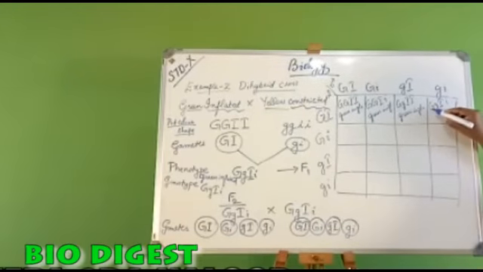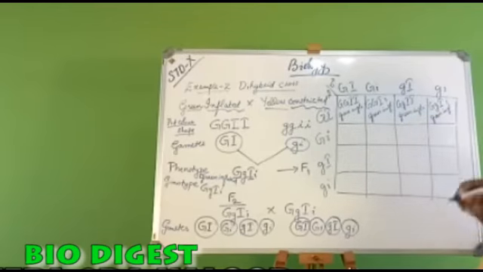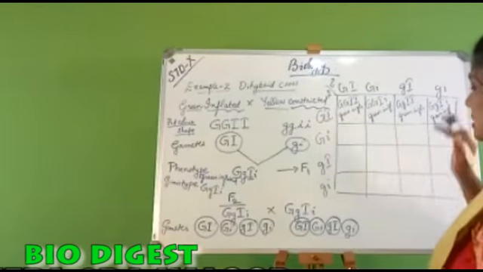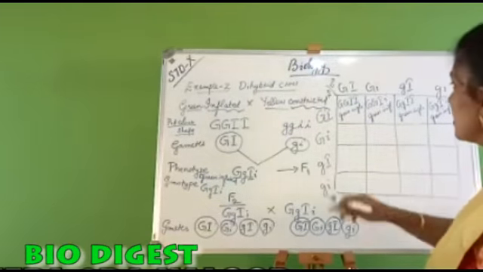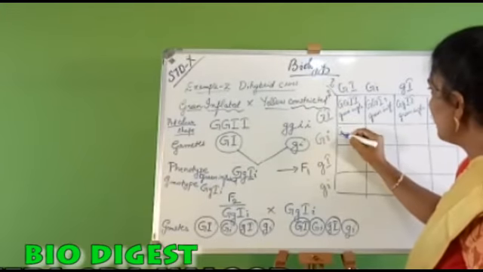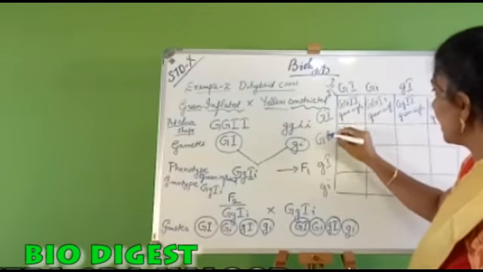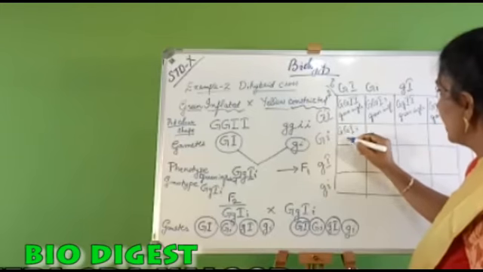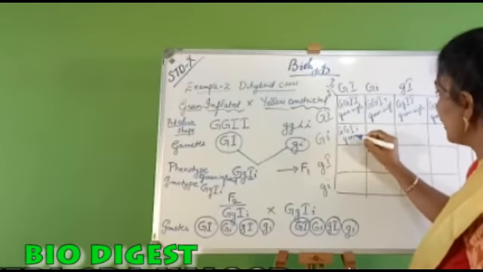Heterozygous condition, but here capital G and capital I is there, so it is again green, inflated. Okay, so first row is over. Moving to the second row, this crossed with this. So capital G, then I and I. Again green, inflated.